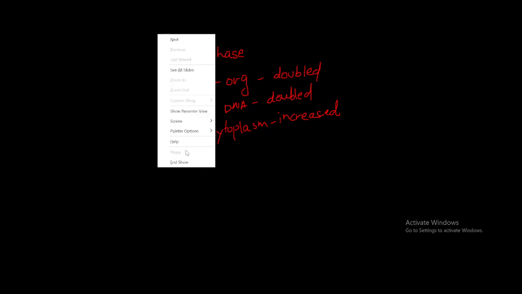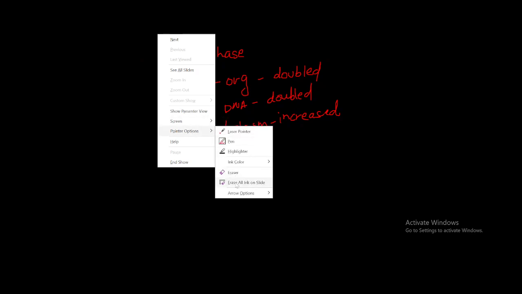Now we are coming to the mitotic phase, which is the fourth phase. So it has the prophase. In the prophase, basically what happened, in the interphase the chromosomes are like thread-like structures, like this.